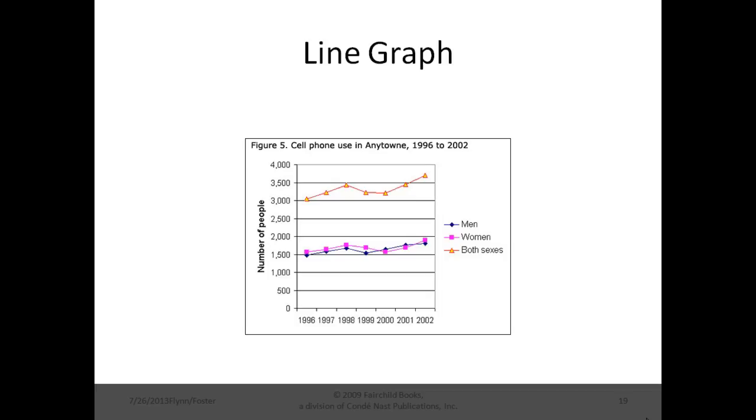And it's interesting to me that at one point from 2000 to 2001, that women actually used their cell phone less than men, which I thought was interesting because that was the only time that they actually used their cell phone less than men. So that was kind of an interesting thing. So that's something like that you would actually talk about in your results because that's a unique finding.